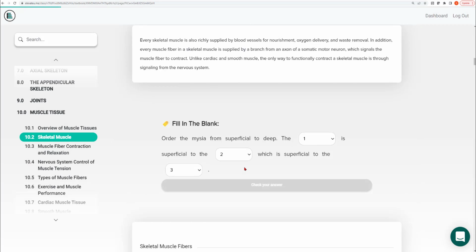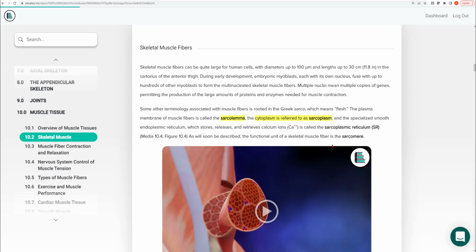And I told you that that is where calcium is stored. Well, it turns out that that specialized smooth ER in muscle cells is called the sarcoplasmic reticulum. So rather than just the smooth endoplasmic reticulum, we call it the sarcoplasmic reticulum. And lastly, I'll be showing you in a few minutes this structure called a sarcomere. We'll see that in a minute in more detail. So again, sarco, sarco, sarco, sarco.